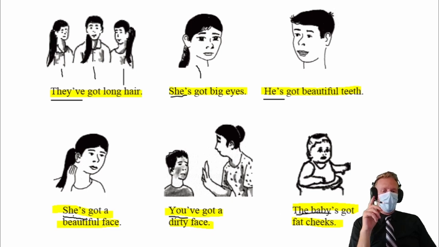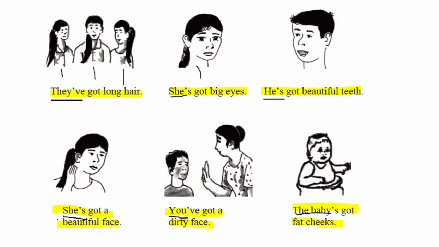Right. So let's practice it one more time. They've got long hair. She's got big eyes. He's got beautiful teeth. She's got a beautiful face. You've got a dirty face. The baby's got fat cheeks.